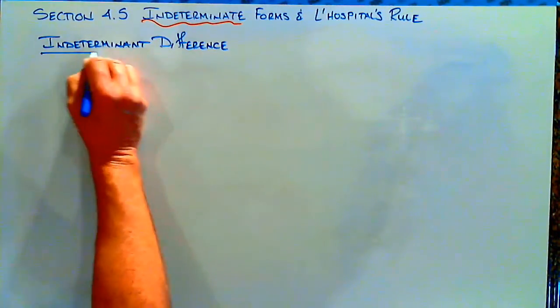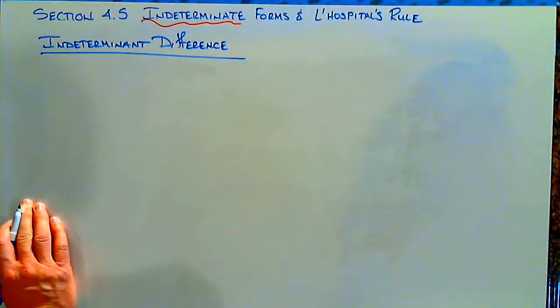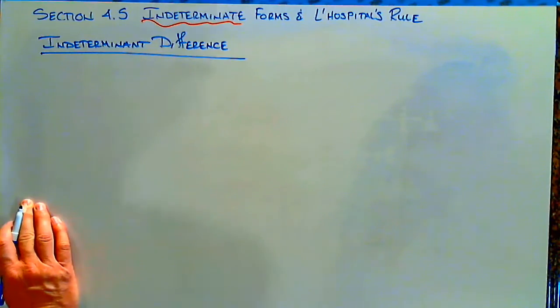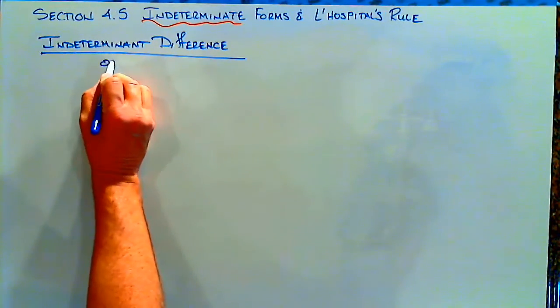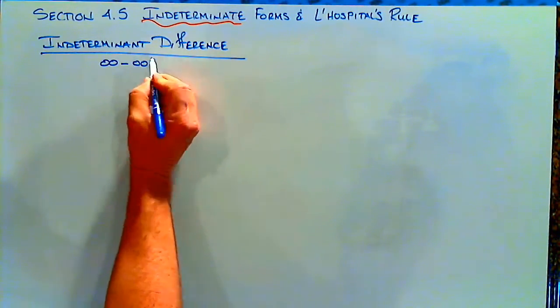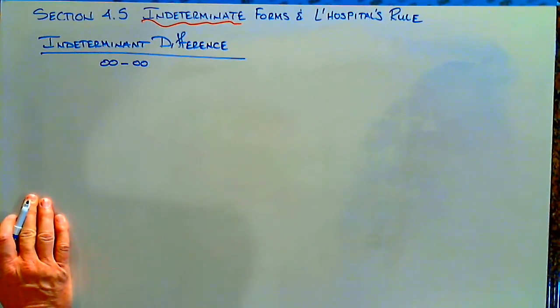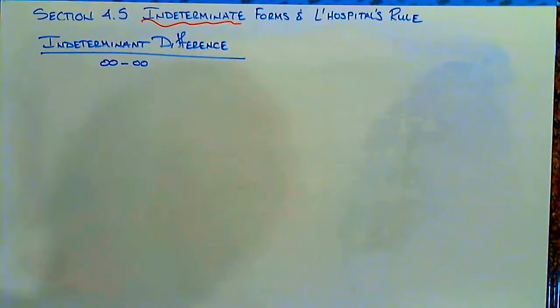What does an indeterminate difference look like? It's something that looks like infinity minus infinity. So what do we know about infinity minus infinity? Well, we don't know the answer is 0, that's for sure.